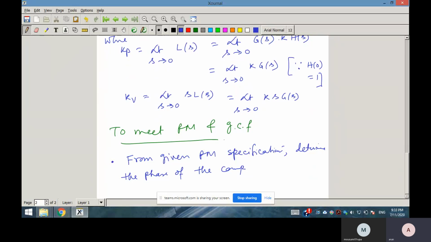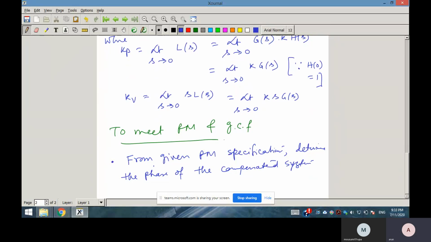Compensated means here the controller HS is employed. So this is the first step.